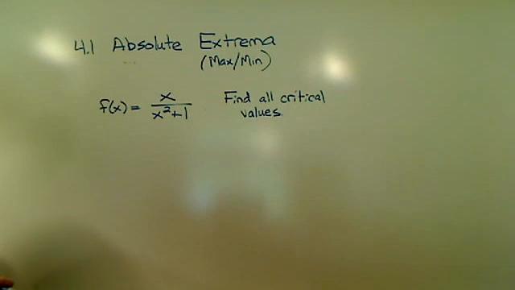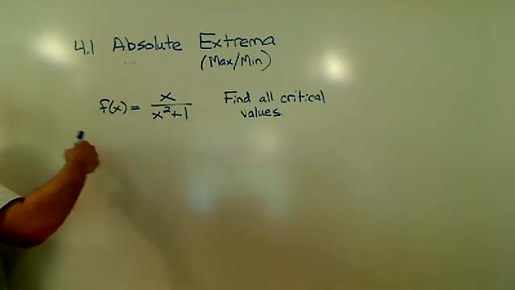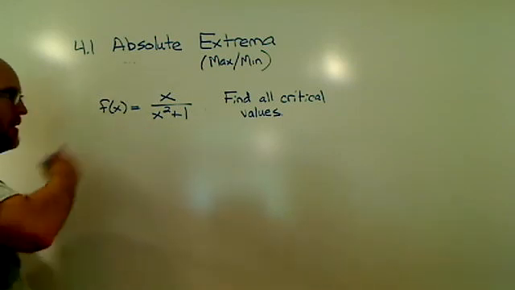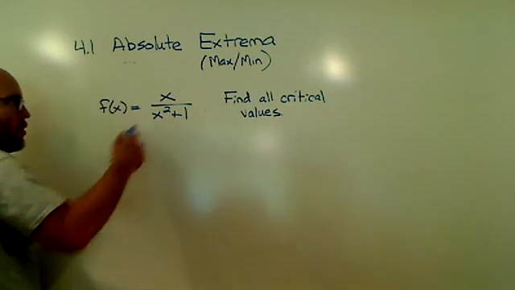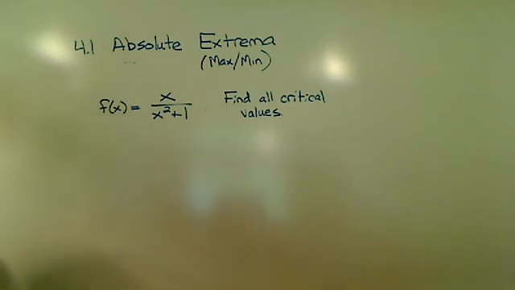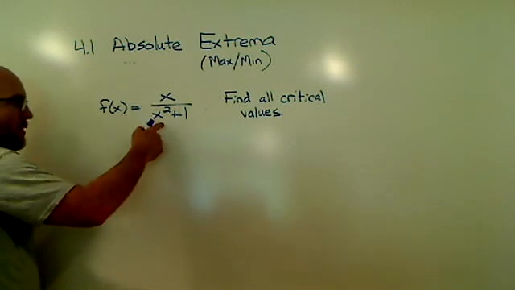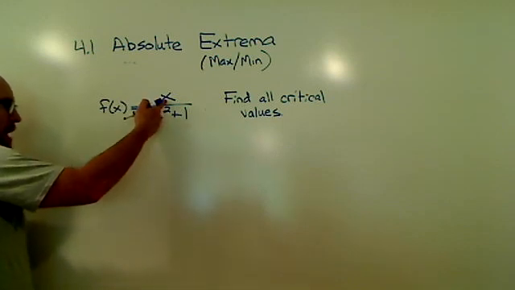Okay, so keep in mind here that that first step said that our critical values need to be on the interior of the domain, meaning it can't be the endpoint of the domain. So in the back of our heads, we should quickly talk about what the domain of this expression is. Okay, so when we're working with a fraction, all we have to do is make sure that we're not dividing by zero, at least in this case, because we can certainly put anything we want in for x in the numerator.